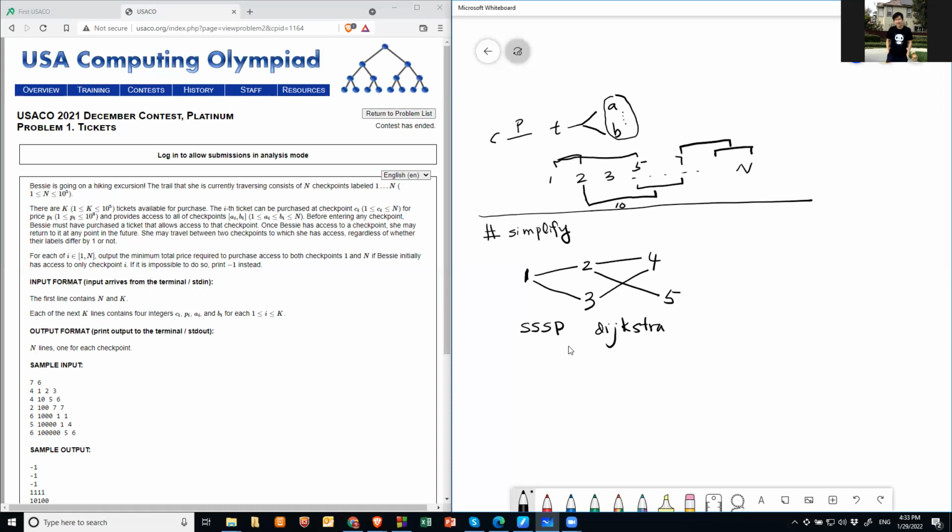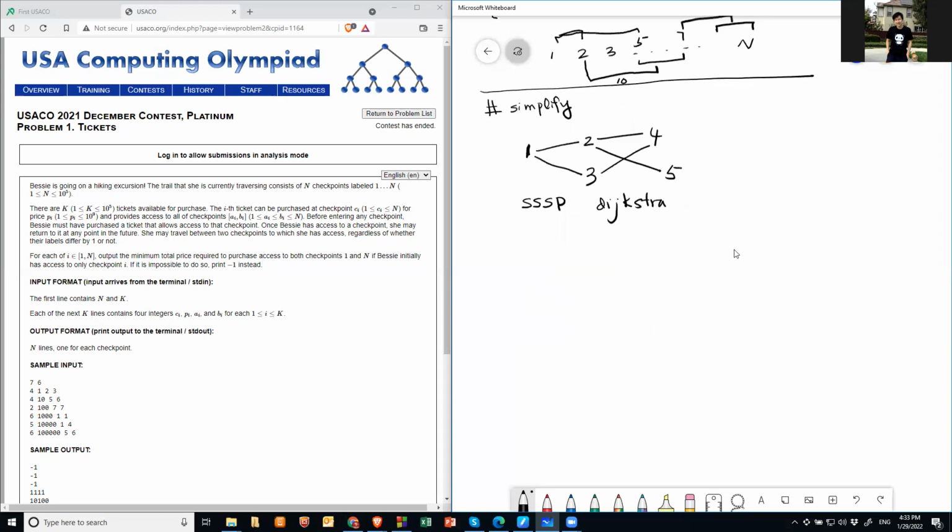Now, the only question becomes, how do I find the shortest distance from every point, let's say X, to both 1 and N? So let's say from X to 1, it's like this. There must be a point Y, let's say, before which, from X to Y, we all go along the same path.